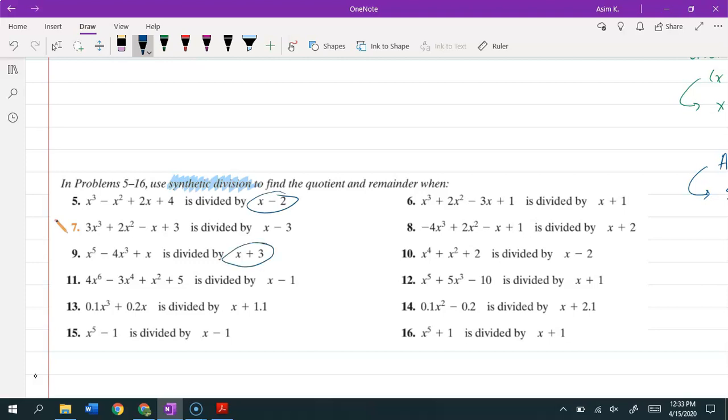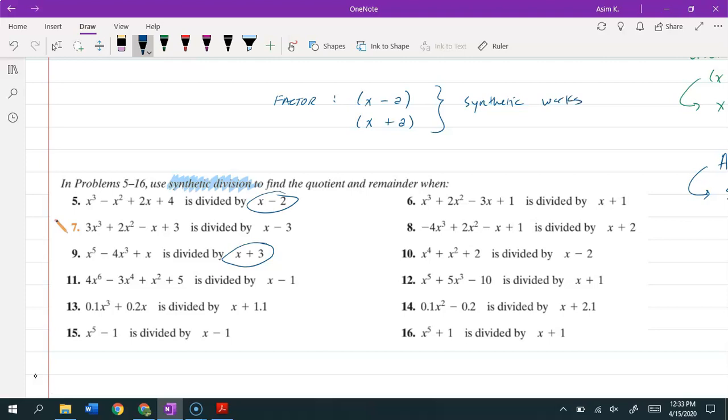In other words, as long as your factor, or your divisor, is x minus some number, let's call it x minus a, or x plus a, you can go ahead and do what you have to do. But otherwise, you can't do synthetic division. So this is the only situation where synthetic division actually works.